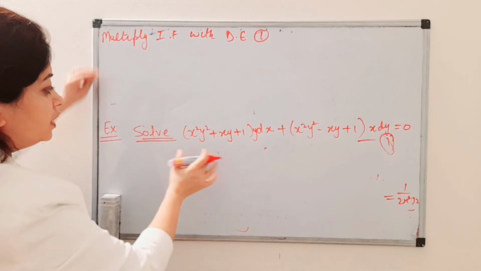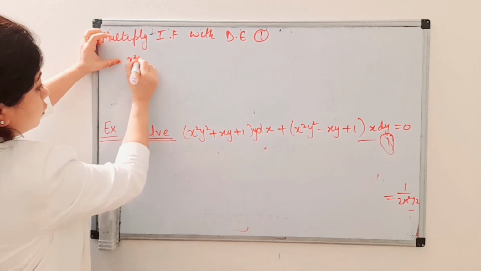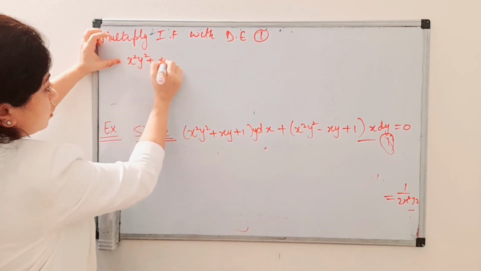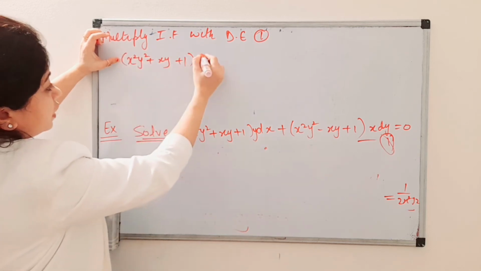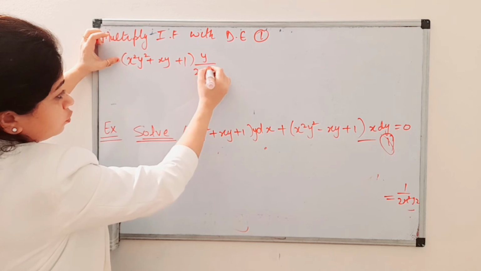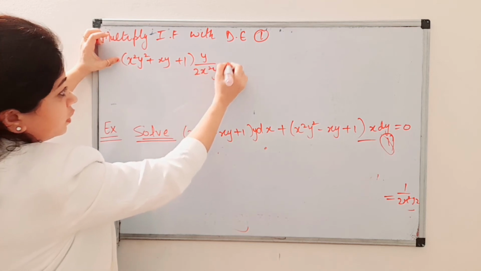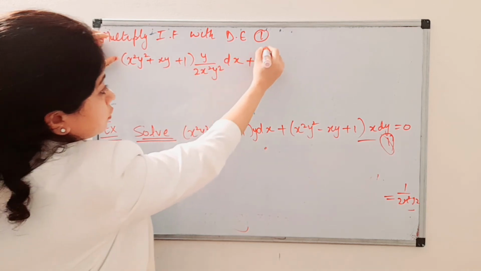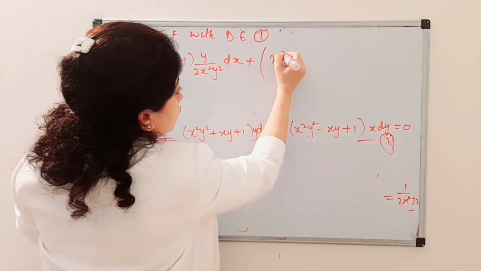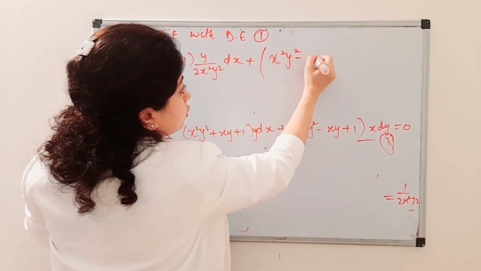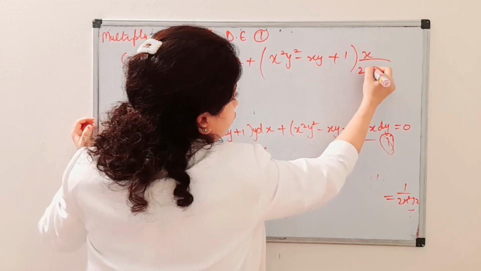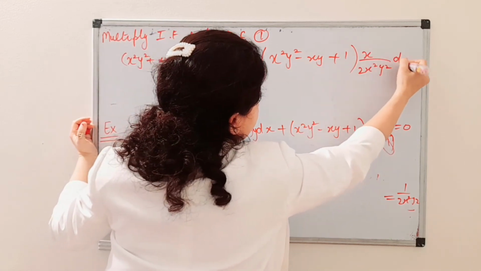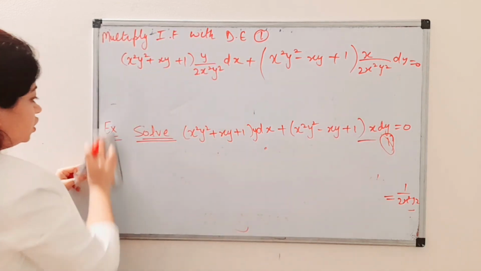Okay, so now multiply it. We have x square y square plus xy plus 1, y upon 2x square y square dx, plus x square y square minus xy plus 1, x upon 2x square y square dy equal to 0.